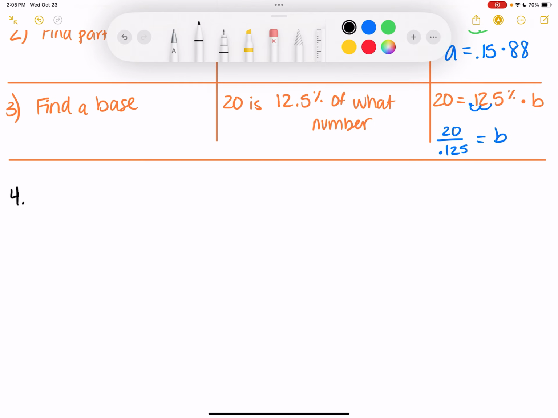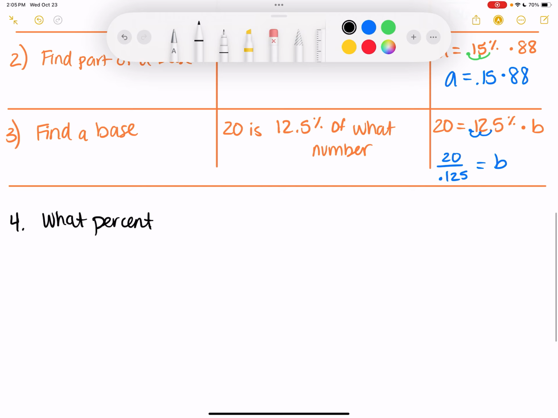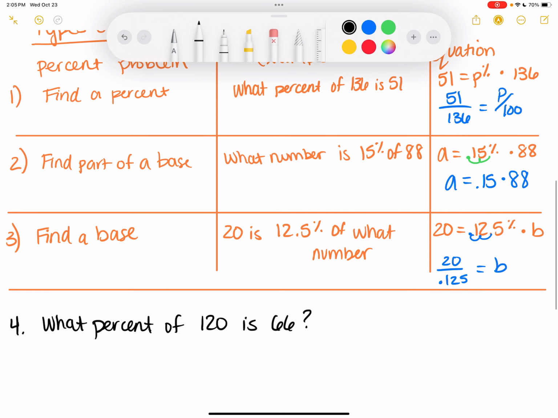So number 4 says, what percent of 120 is 66? So this one wants me to find the percent. Okay, what percent? So I'm using essentially this top setup.